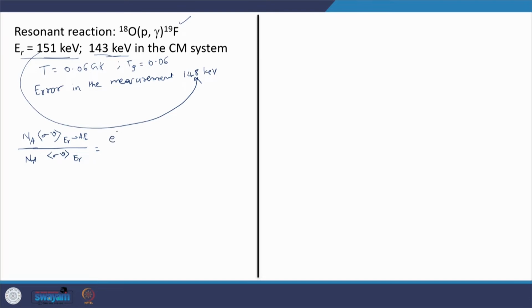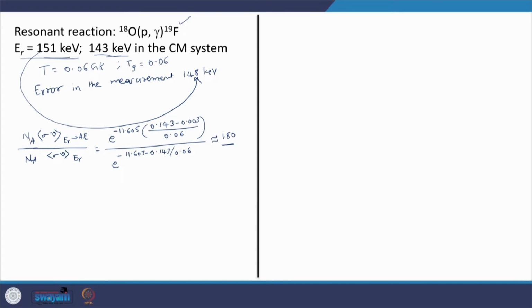So, you know it is e to the power of minus 11.605, the formula we have already discussed, and instead of 140, it is 143 keV now, minus there is a difference of say 3 keV, so 0.143 MeV, and this is divided by 0.06 because it is the temperature. Now, it is e to the power of minus 11.605 times 0.143 divided by 0.06. Now, if you see this, you will get 1.80.